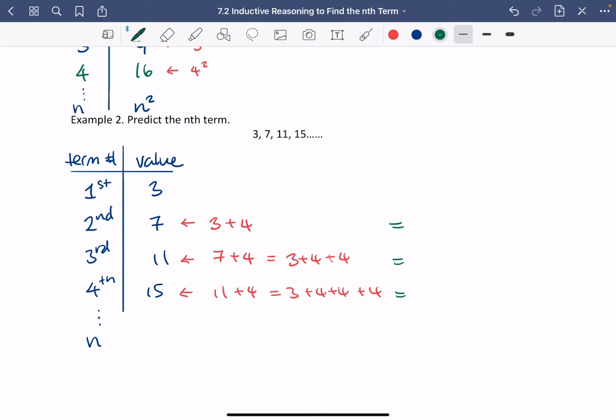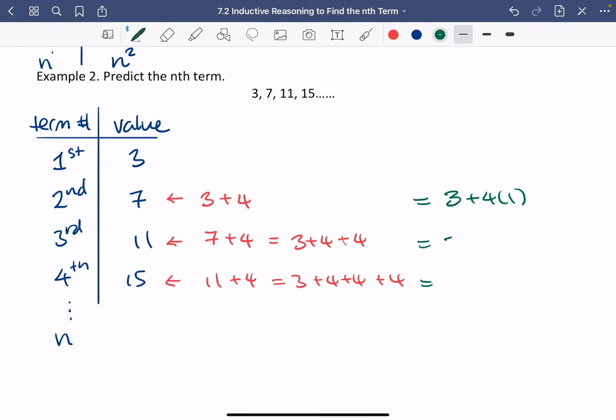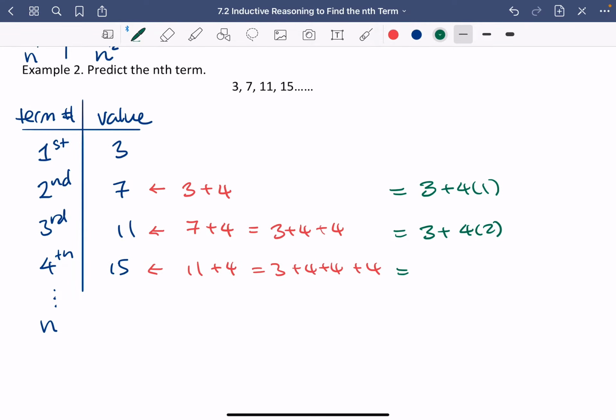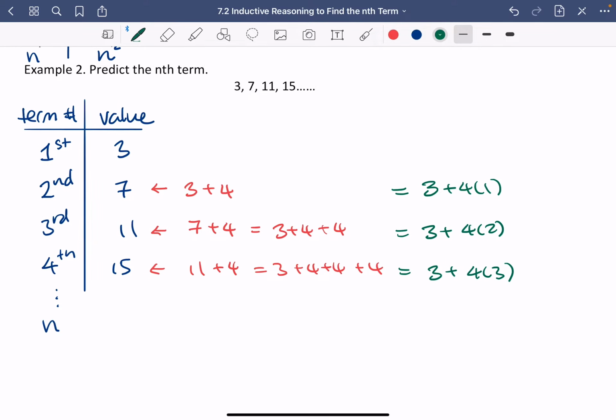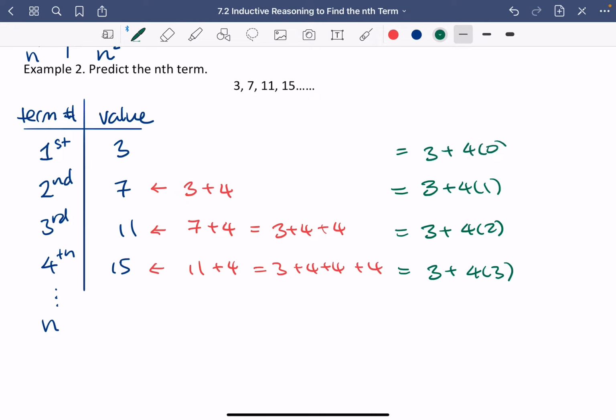Well, the first one, 7 is 3 plus 4 times 1 because there's only one 4. And then 11 is equal to 3 plus 4 times 2 because there are two 4s. And then 15, 3 plus 4 times 3. And then the first one, 3, it's 3 plus 0 fours.